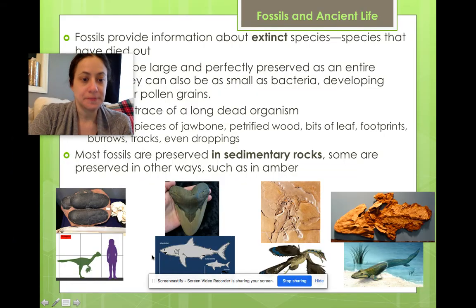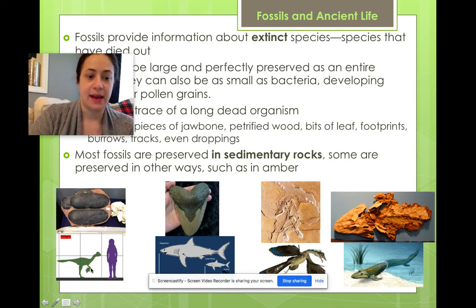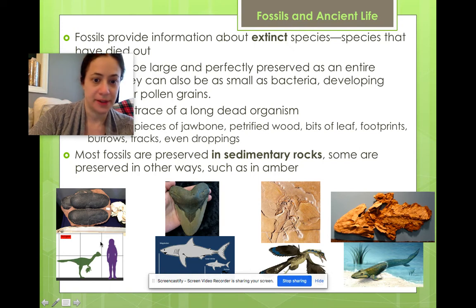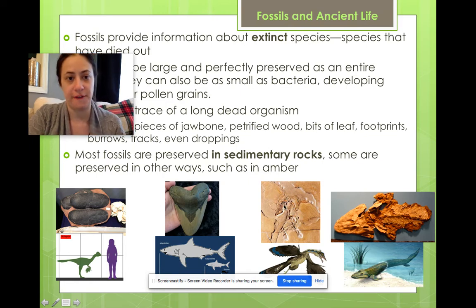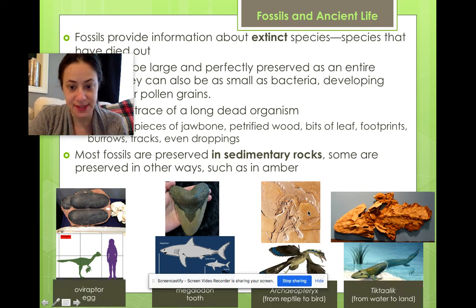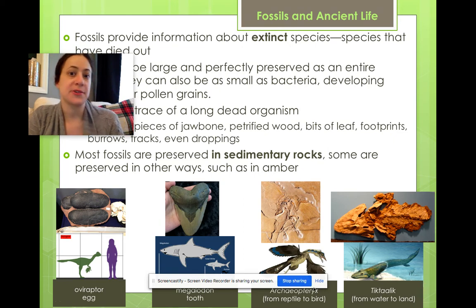So back to here. These are the eggs of an oviraptor, and that's the size of an oviraptor compared to a human. This is a megalodon tooth as big as a human hand. Right here is a transitional fossil of something called Archaeopteryx, and that's spelled down here. We call it a transitional fossil because it's a transitional form between a reptile and a bird.